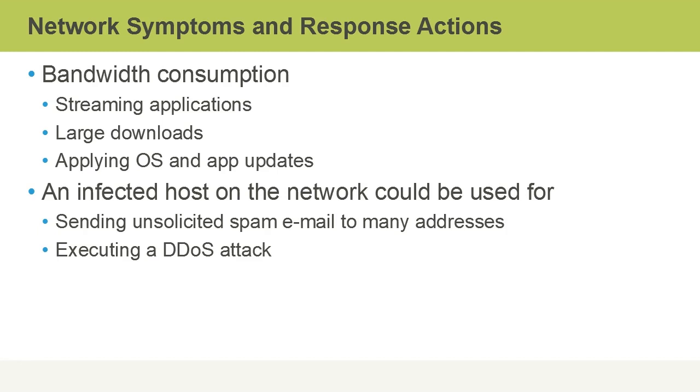In the same sense, if a DDoS, distributed denial of service attack, is being executed because machines on your network are compromised and they're actually executing the attack, that again will show up as bandwidth consumption. So, like everything, we have to think that a slowdown in network performance could be as a result of the network being used properly or improperly.